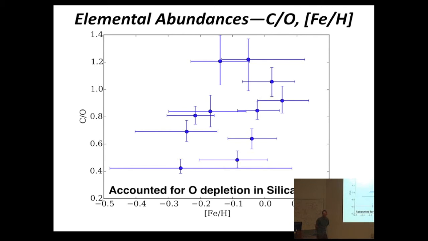Some of it is going into salt sulfide and KCl clouds. Yeah, they could exist. We're just finding that they're not in a substantial enough mass abundance to contribute to the opacity, at least in this example.